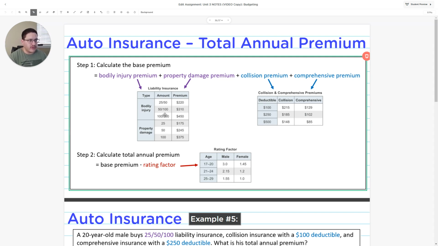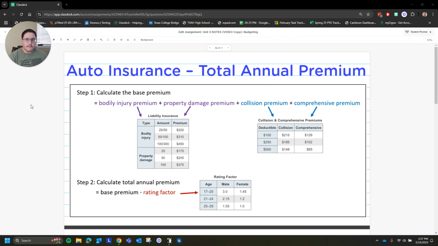So if you're looking at this chart right here, there's liability insurance, which pays for the other driver's damages and medical bills if you are at fault in an accident. It is, again, required by law, in Texas at least, to have this type of insurance. There are different types of premiums and different types of payouts for each of these. And I think these are in the thousands. So it's like 25, 50,000 coverage, 50 to 100,000 coverage, 100 to 300,000 coverage, which covers the person and the accident.